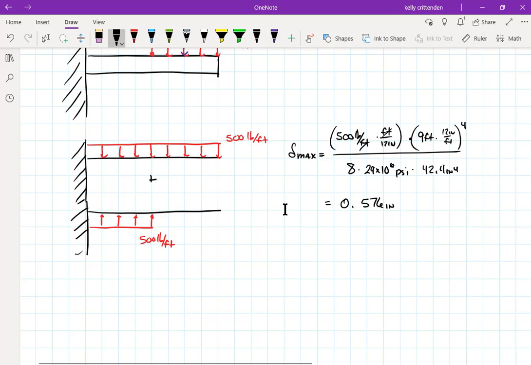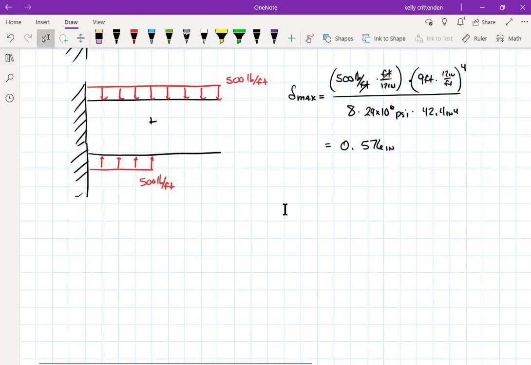This one, I have to treat in two sections. So the first section is going to be just like the equation we did, except that this 500 pounds is pointing upwards. So it's actually pushing the beam back upwards, and I assigned deflections that push downwards as positive. So this is going to be a negative.